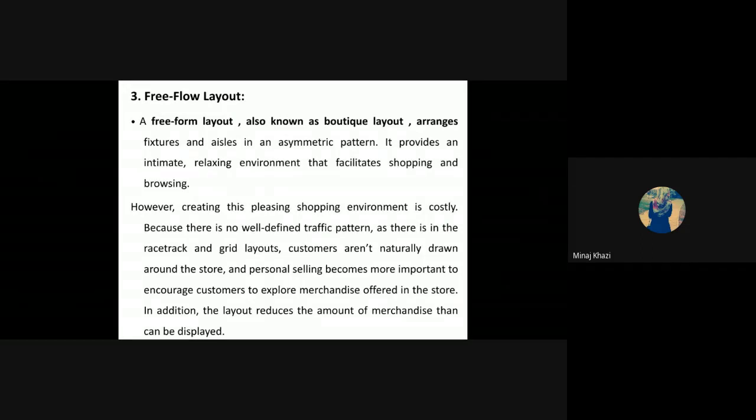Usually the customers have little knowledge about the product. Along with that, personal selling is very important in this type of layout, where they have to guide the customers and make them explore more and more of the merchandise in that store.